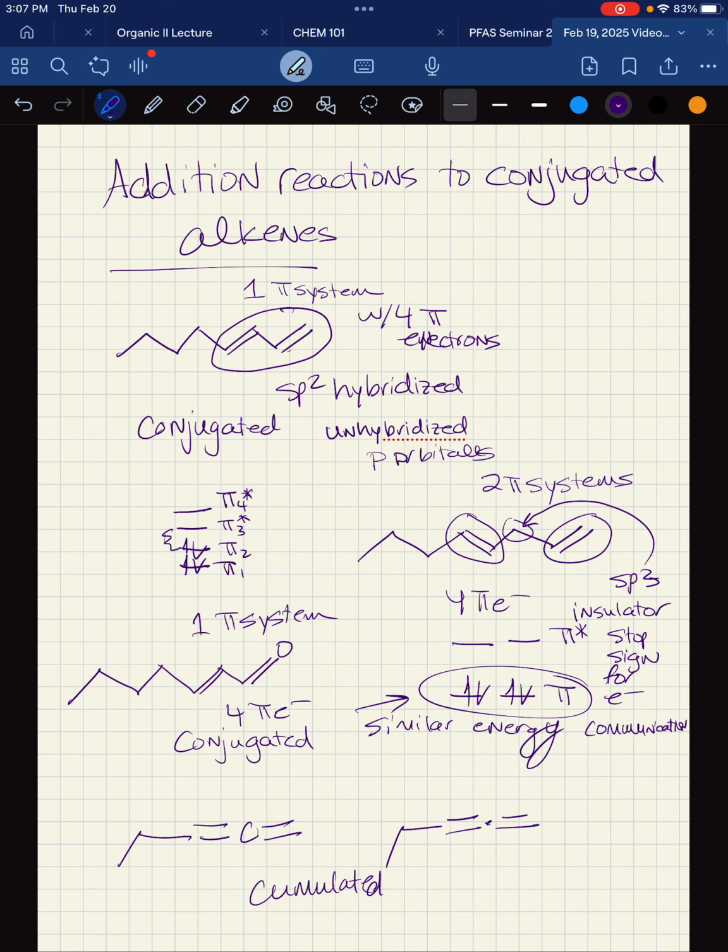That means one of those pi bonds is kind of going up and down. Maybe we'll pretend like the one on the right is that one. And then the other one is going to be coming in and out of the board like this. Okay, so this would be 2 pi systems with 2 pi electrons each.